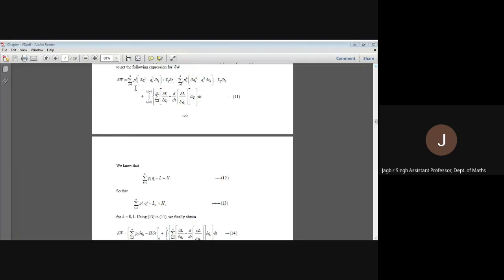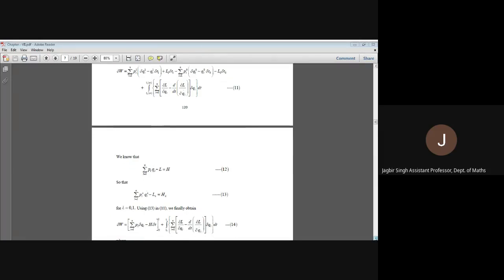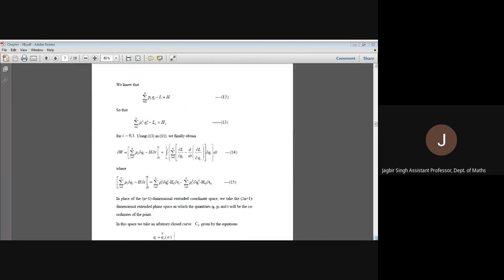So in equation number 11, one term is there, p_i1 delta q_i1. One term is there, p_i naught delta q_i naught. These two terms are remaining. Rest terms are the Hamiltonian function, H delta t1 minus H naught delta t naught. Okay, so we have expressed these terms in this way.